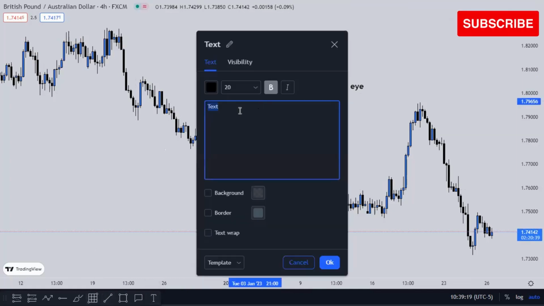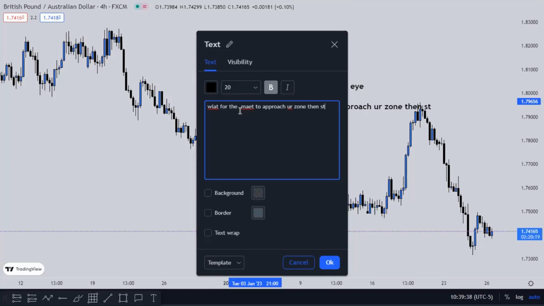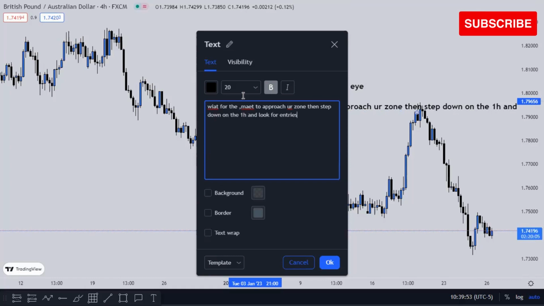Okay, wait for the market to approach your zone, then step down on the 1-hour and look for entries. My keyboard is really messed up, guys. Okay, so look, if you've heard what I've said, please ignore what I've written. Okay, yeah, so that's what I'm trying to say here.